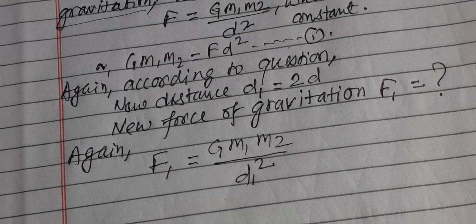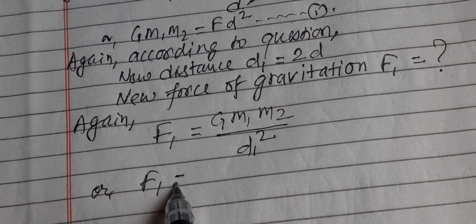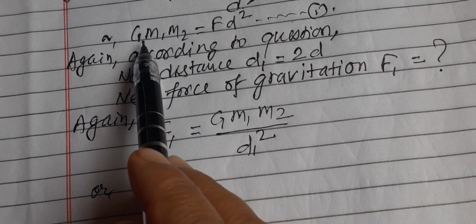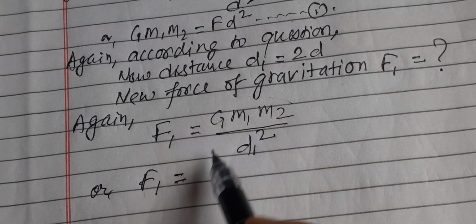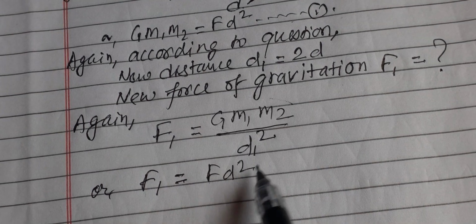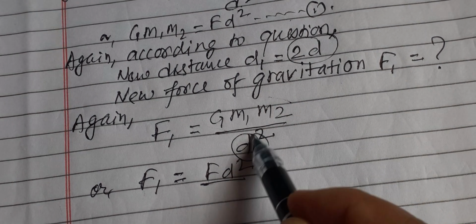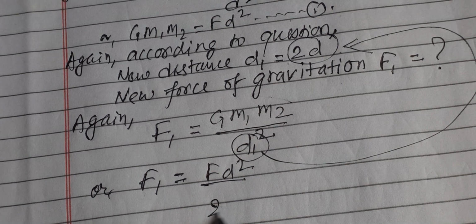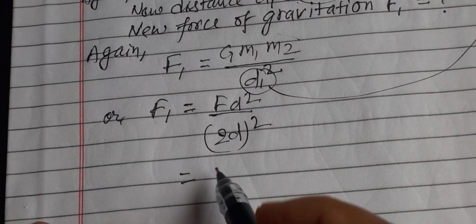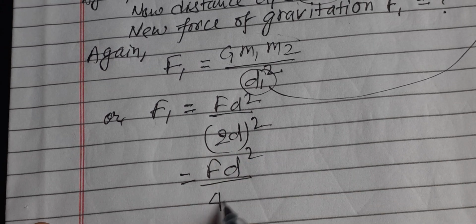Now, G m1 m2 equals F d square, replacing this part by F d square, and d1 is twice d, so we get twice d whole square, which equals F times d square by 2 to the power 2, d square, that is 4 d square.